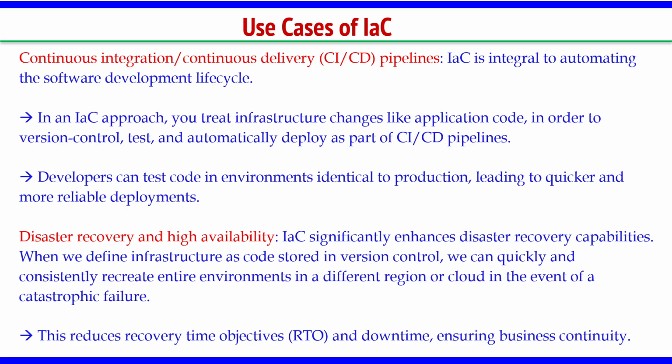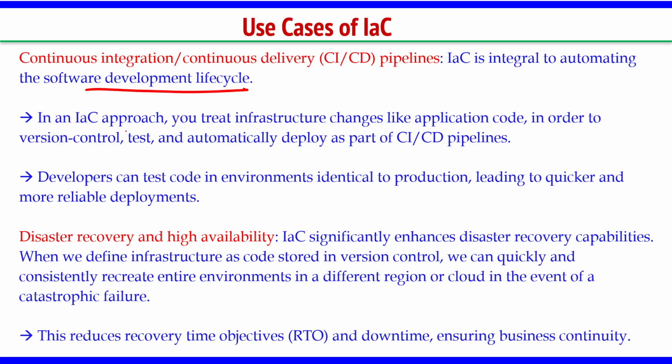Okay. Then third one, continuous CI/CD pipeline. Obviously, CI/CD is all about automating the process, right. So, even there IaC can help me. Let us see where it helps us. IaC is integral to automating the software development life cycle, because CI/CD is about automating the software development life cycle, right.